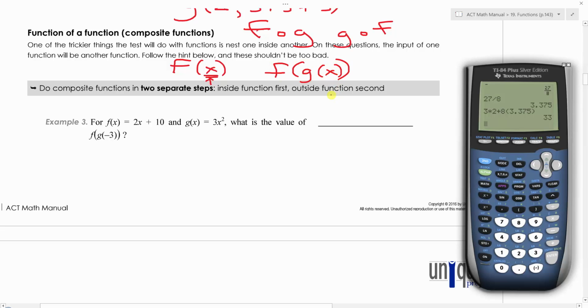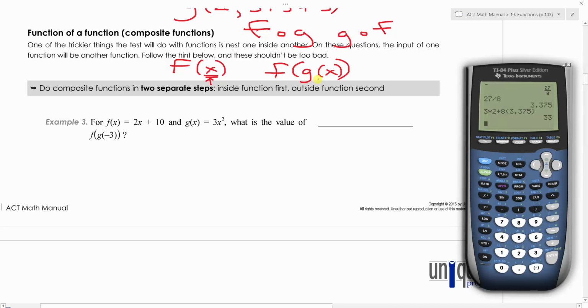Do not get intimidated by these, please. These are not difficult questions. Yes, they look a little bit intimidating. Yes, they can require a lot of attention to detail and step-by-step work, but they are not difficult questions.